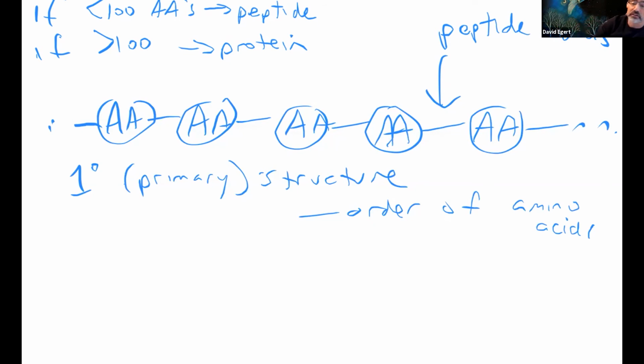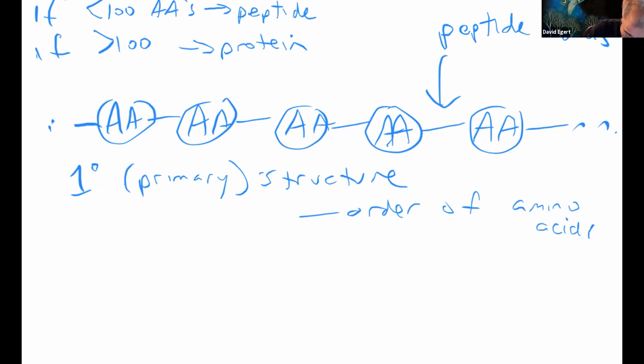In actual cells, there's all sorts of different ways to edit the messenger RNA, and there's post-transcriptional modifications once you're done assembling things. But let's keep it simple right now.